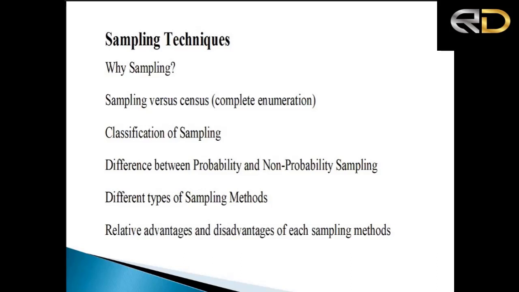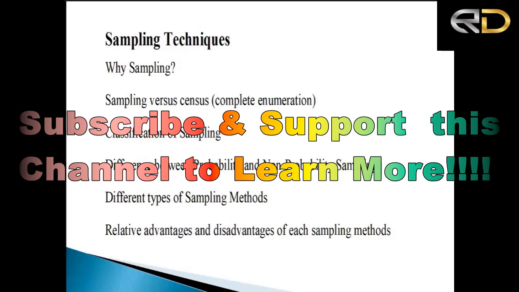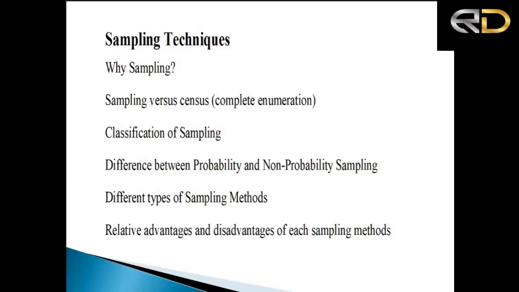If it is not, we will get badly biased estimates of the parameter under consideration. So to save time, money, and manpower, we get the best estimates on the basis of an appropriate sampling technique, and we estimate the parameters accordingly.